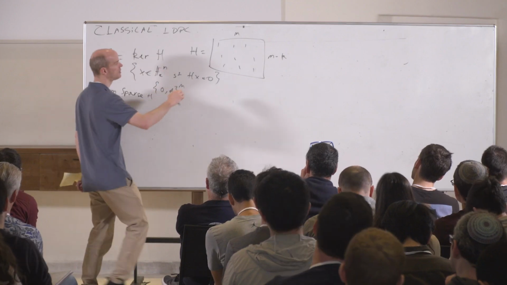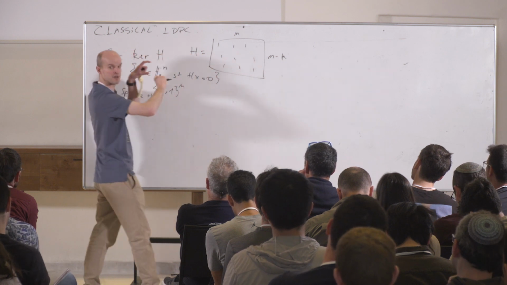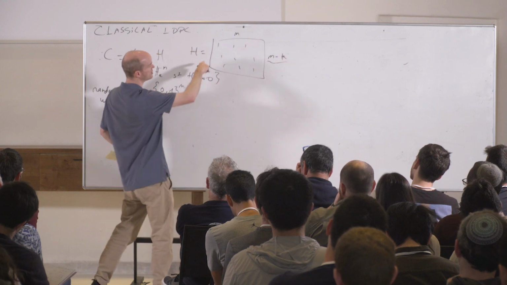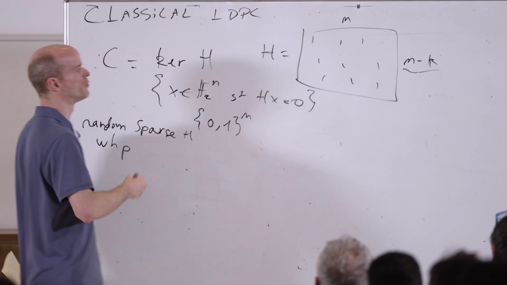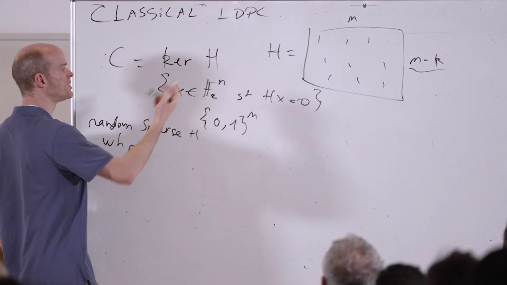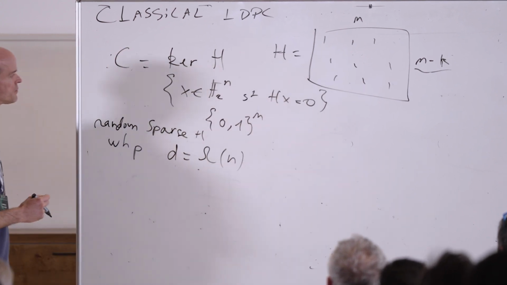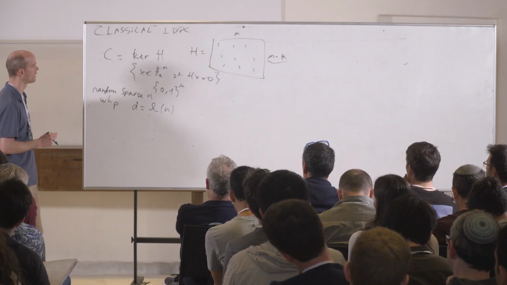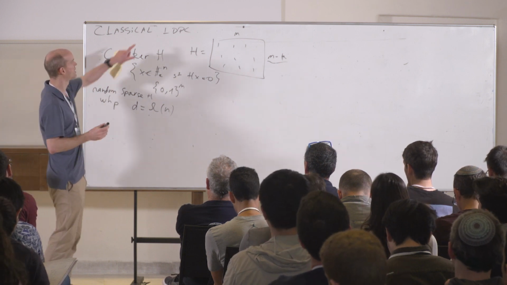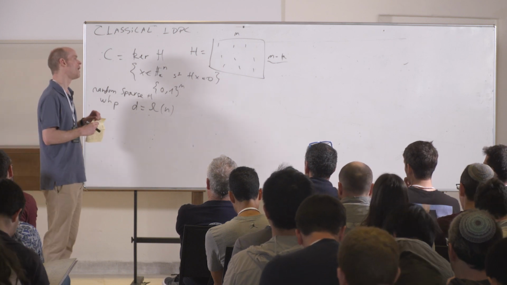If you want k linear in n, it's easy: you take a rectangular matrix whose number of rows scales with n, with the constant that you want, so you can fix the dimension as you want. And then with high probability the distance will also be linear in n. So a random classical LDPC code is good with high probability.